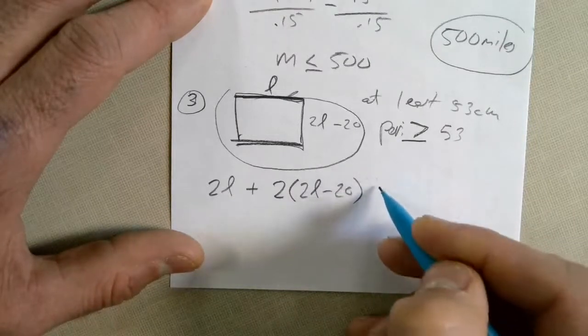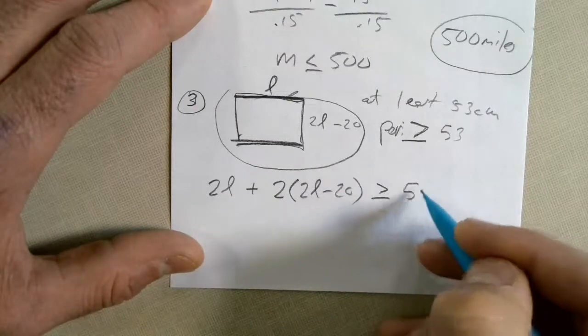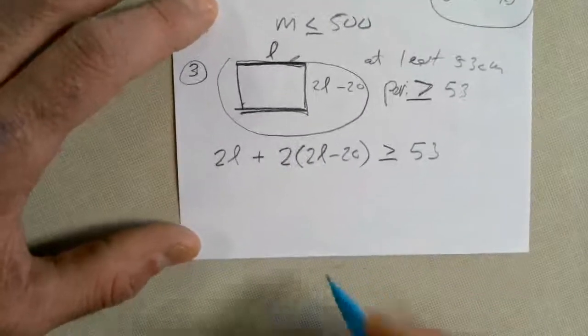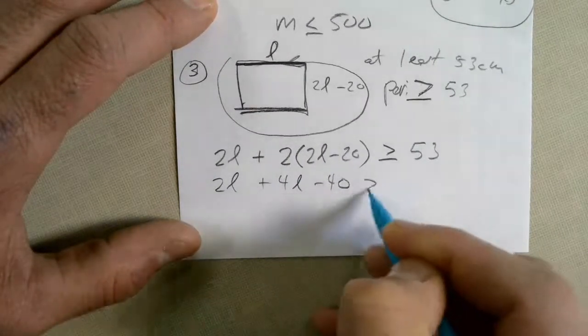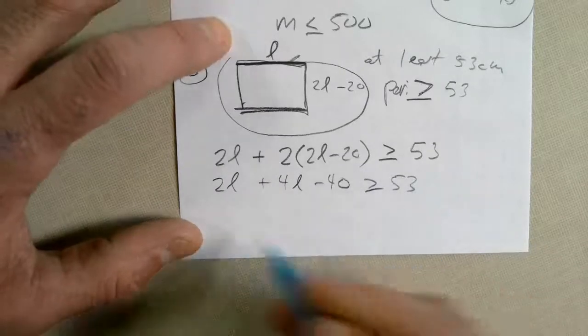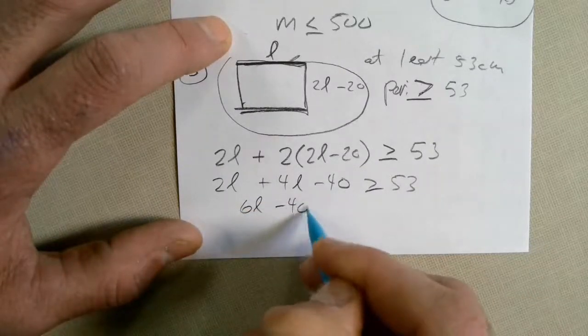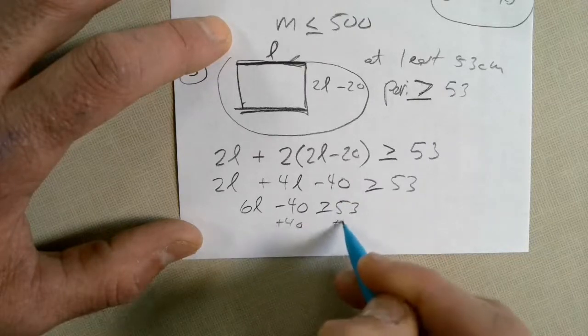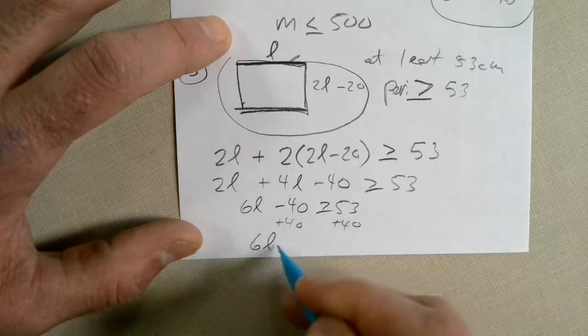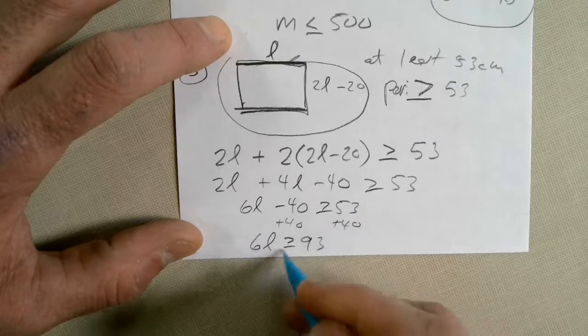And that's the perimeter. It has to be bigger than or equal to 53. Let's solve. 2L plus 4L minus 40 is greater than or equal to 53. 6L minus 40 is greater than or equal to 53. Add 40 to both sides to solve. 6L is greater than or equal to 93.